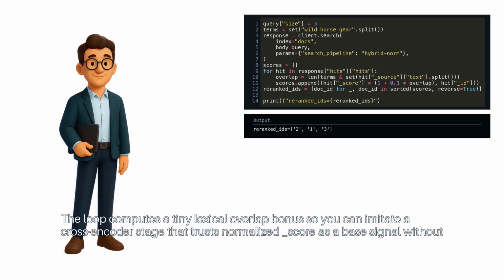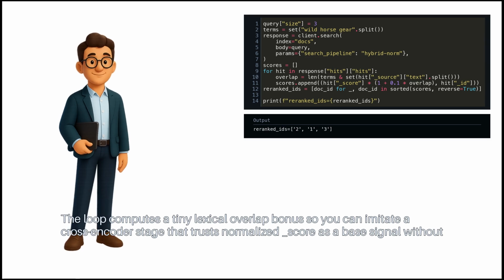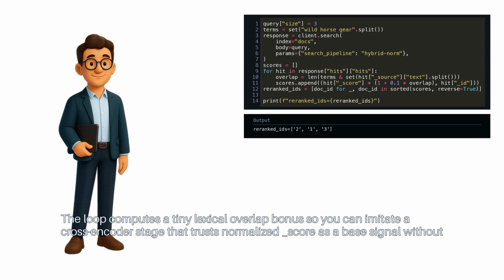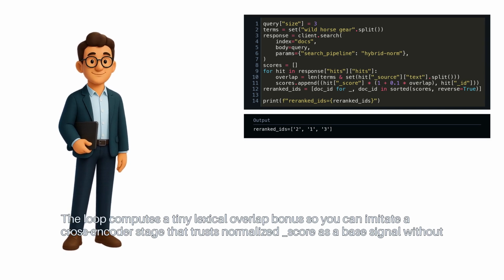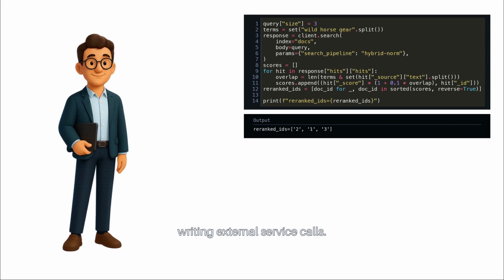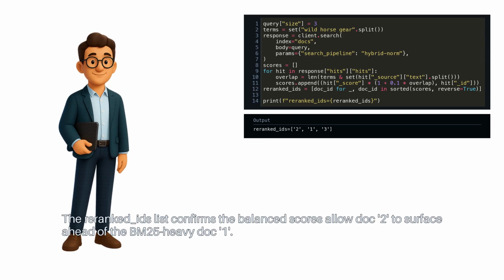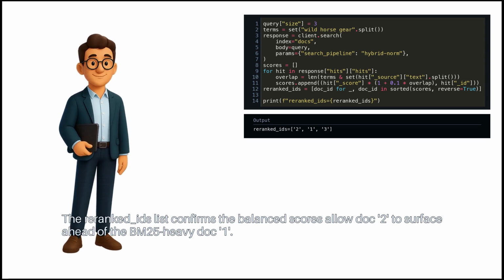The loop computes a tiny lexical overlap bonus, so you can imitate a cross-encoder stage that trusts normalized score as a base signal without writing external service calls. The re-ranked IDs list confirms the balanced scores allow Doc2 to surface ahead of the BM25 heavy Doc1.